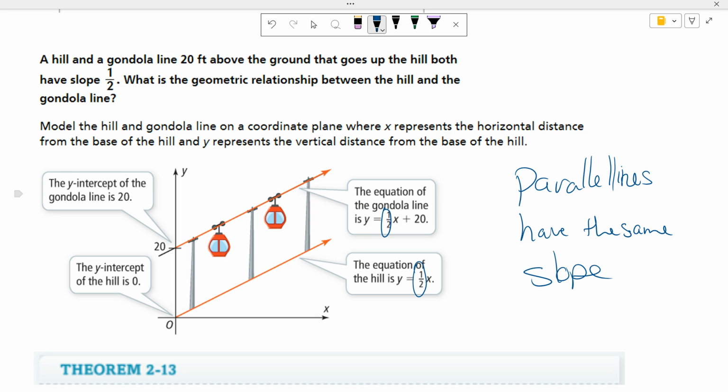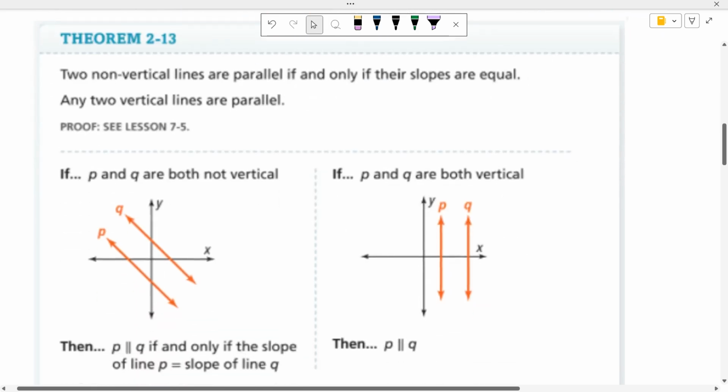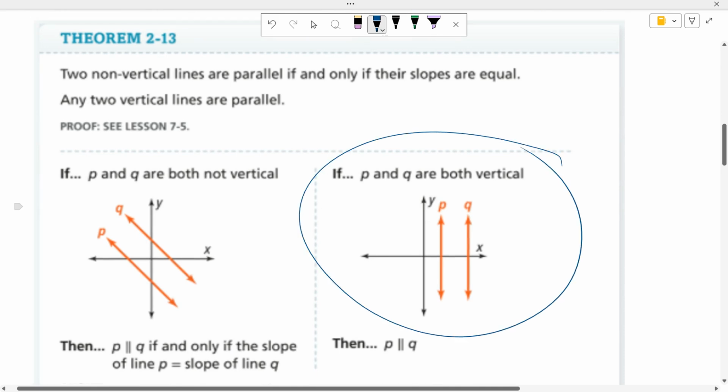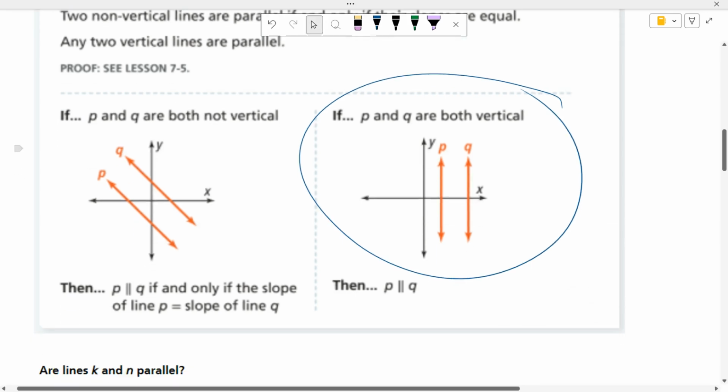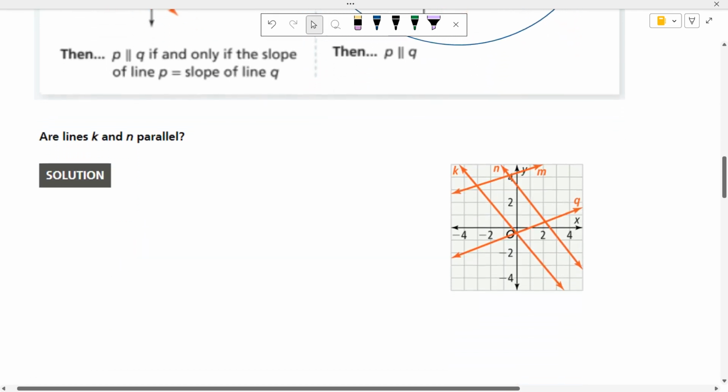So parallel lines have the same slope, and if you have two vertical lines, because vertical lines have an undefined slope, if the slopes are both undefined, then those are also parallel to each other.